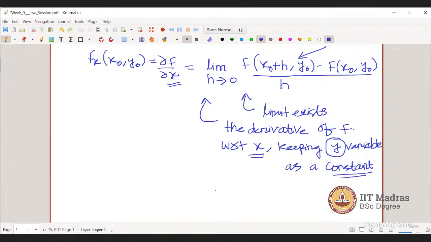Similarly, when we take the partial derivative with respect to y, we have to treat the x variable as a constant.